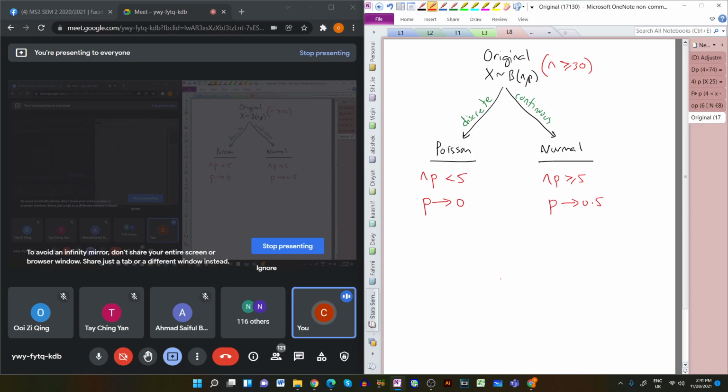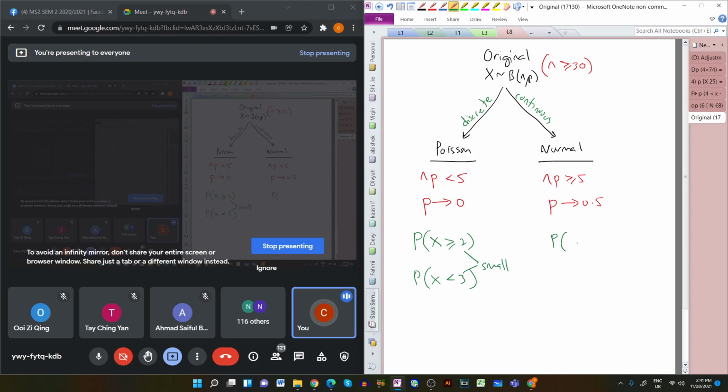Maybe another condition is, in binomial, if the original number is small, then you can use Poisson.